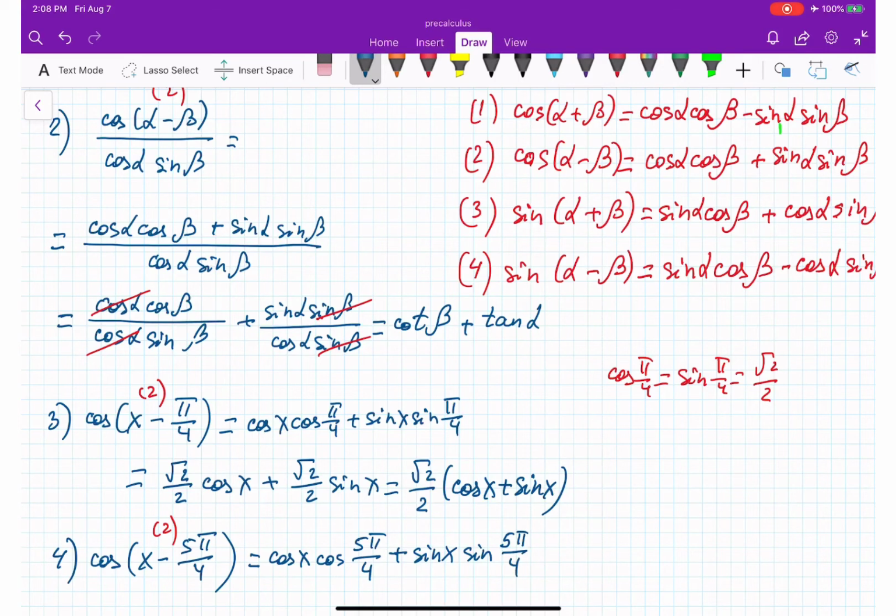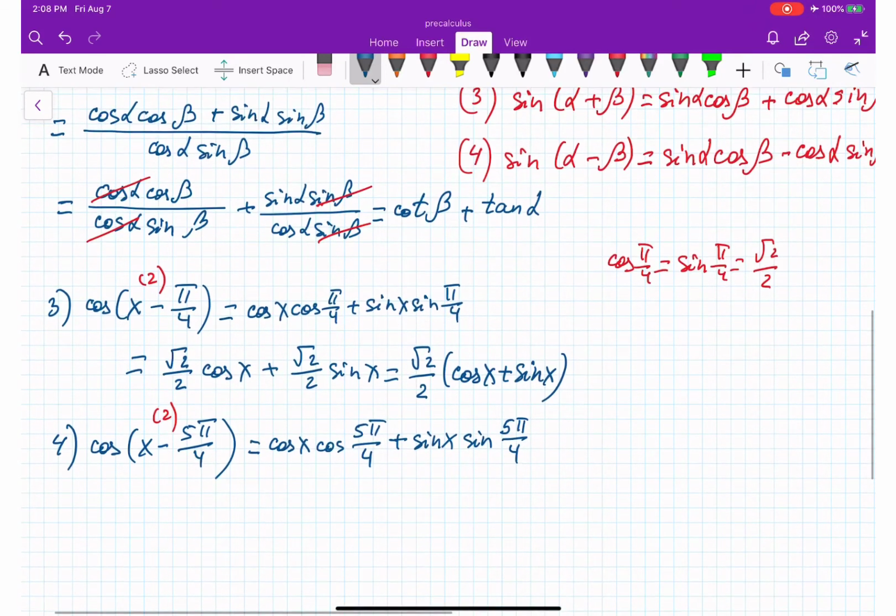Okay, well, let's see what we can do. 5 pi over 4, let's figure out how much it's going to be. So I'm going to do some drafting here. 5 pi over 4 is equal to 5 times 180 over 4.